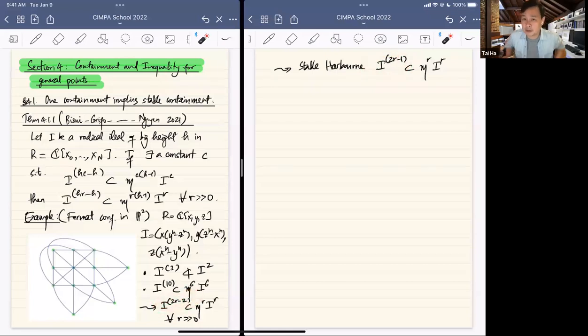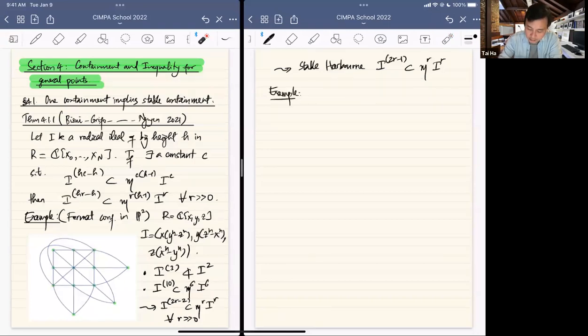So we actually prove something slightly stronger than the stable Harbourne conjecture. What this is saying is, even though the Fermat configuration gives us a counterexample to Harbourne containments, it doesn't give us a counterexample to the stable Harbourne containment. So sometimes the containment might fail for the first few values, but when you go for large enough powers, it still holds.